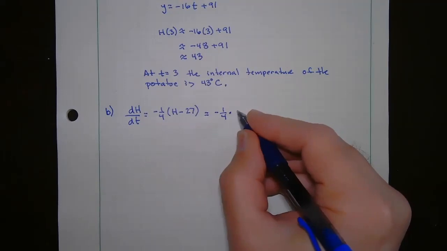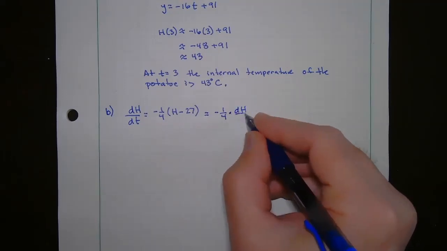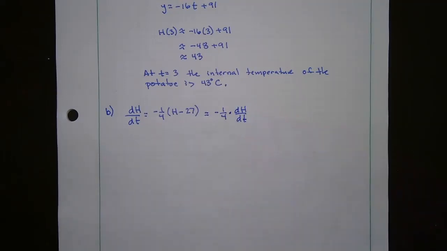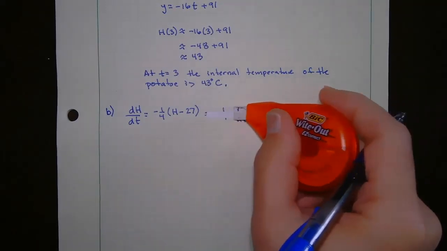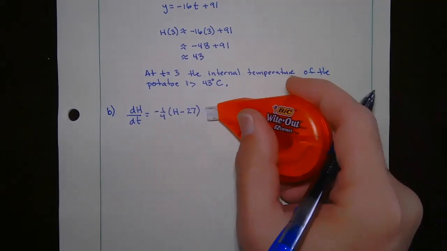So negative 1/4 times dh over dt. You know what? Hold your horses. I just made a mistake and my notation's bad, so let me erase this.